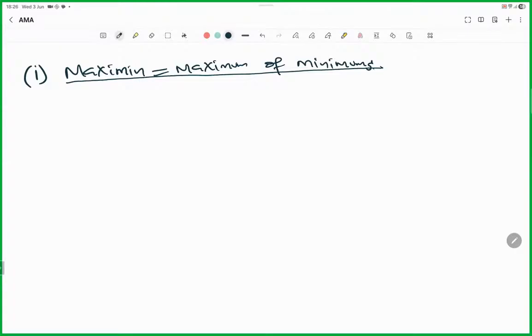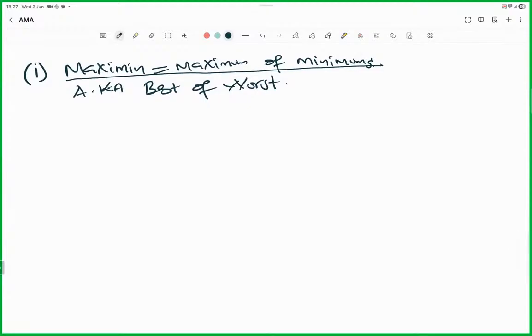Also known as best of the worst. Which kind of individuals is it used to advise? This is for the risk averse.